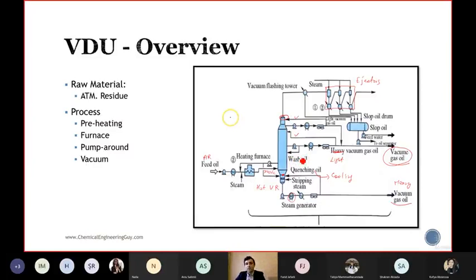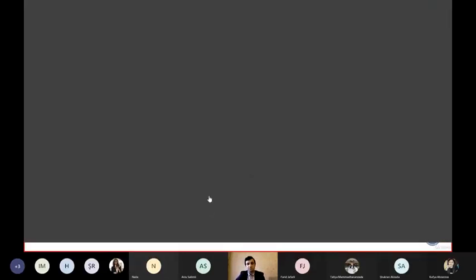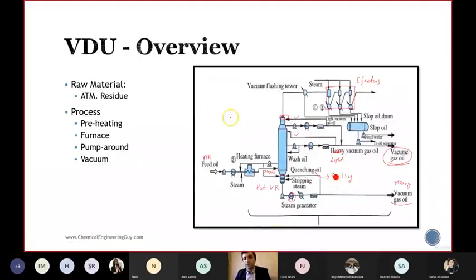However, you always try to keep the wash oil or reflux or the quenching oil flow rate at a minimum, because increasing the flow rates recycled back to the column increases your furnace duty, so increases the cost.